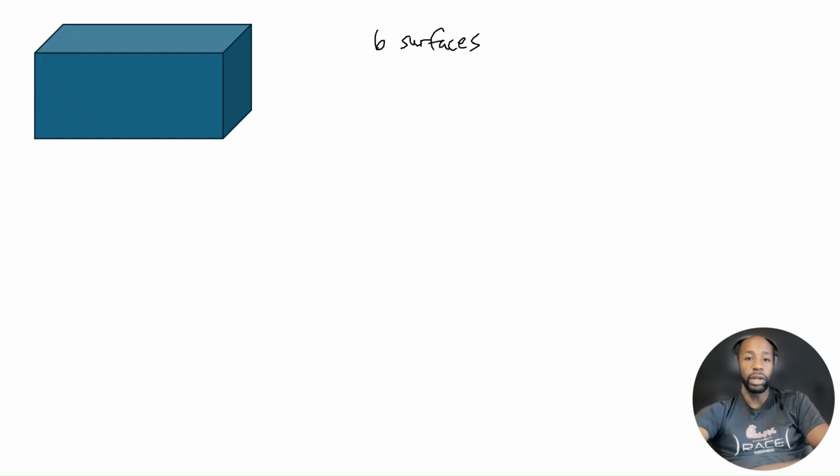Out of those six surfaces, you have four rectangles and you have two squares. So you have one, two, three, the one in the back, the one underneath, and then this one hidden right here.